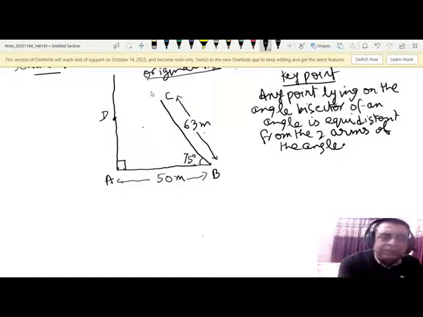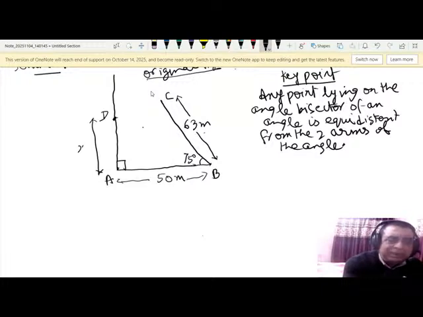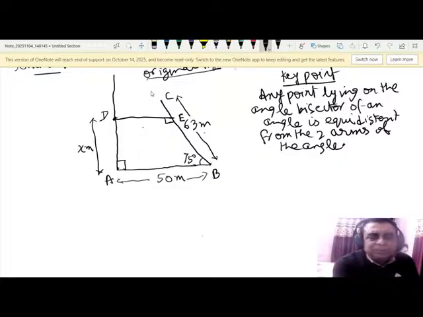Suppose the distance of D from AB is X meters. Suppose I have drawn a perpendicular from D onto E, so this distance DE should be the same as DA. So DE should also be X meters.